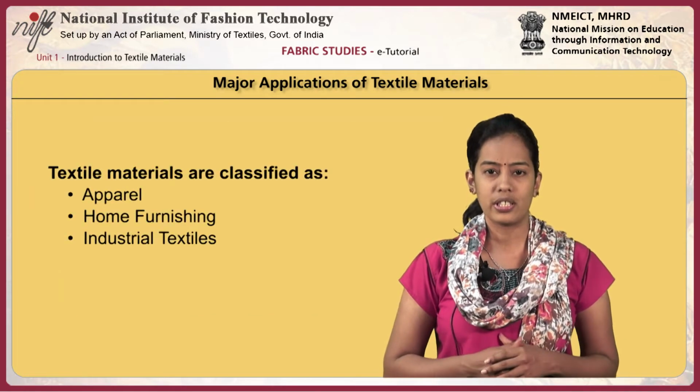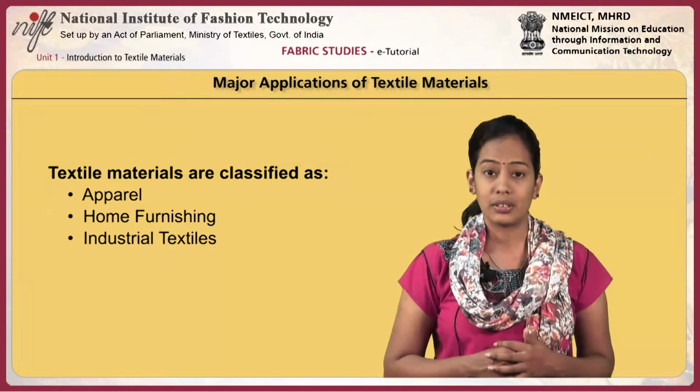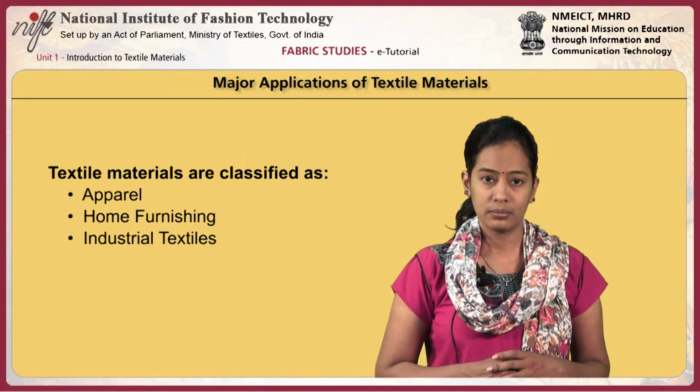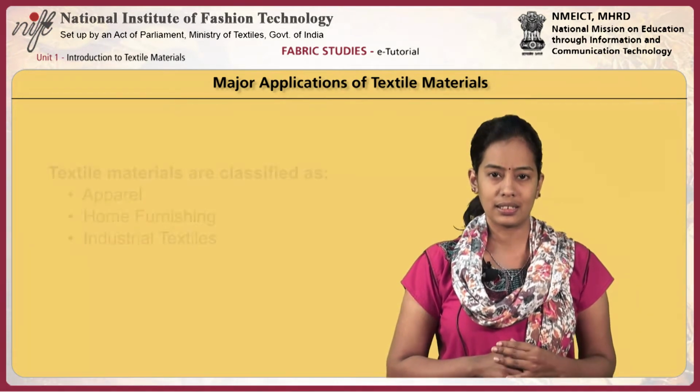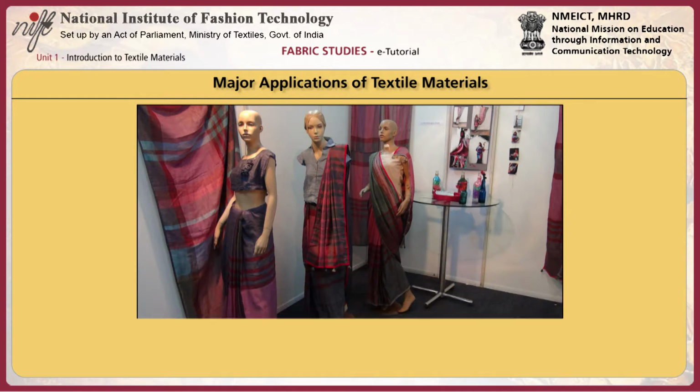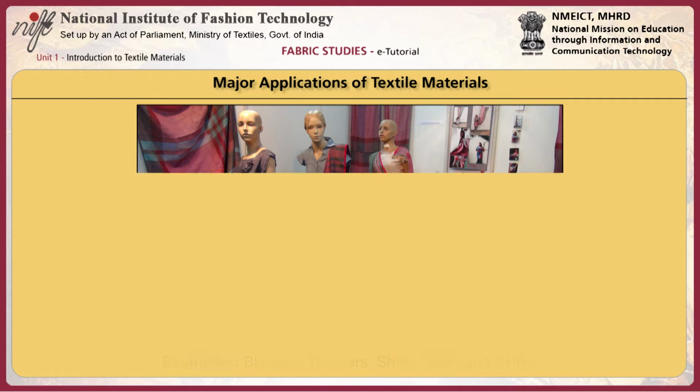Major applications of textile materials are classified as apparel, home furnishing and industrial textiles. Apparel are the textiles used in dress materials. Examples of apparel include blouses, trousers, shirts, saris and skirts.